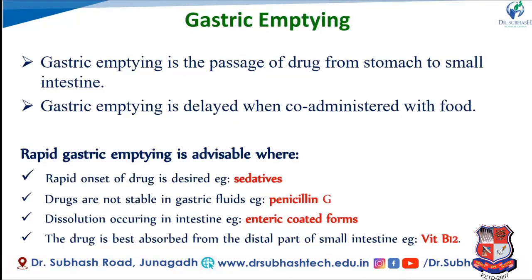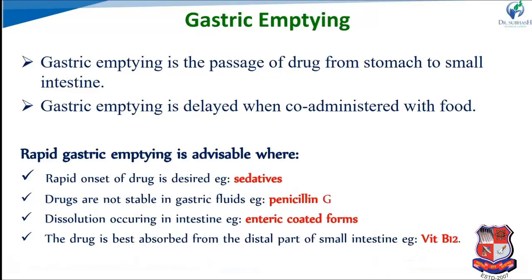Before we start the patient related factors affecting drug absorption one by one, we have to know about the anatomy and physiology of the GI tract. The gastrointestinal tract comprises a number of components, their primary functions being secretion, digestion, and the absorption process. The mean length of the entire GI tract is 450 centimeters.